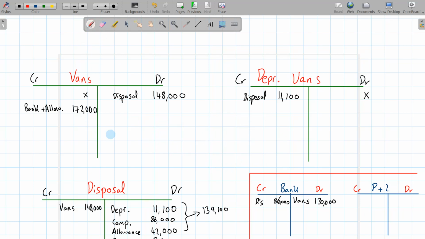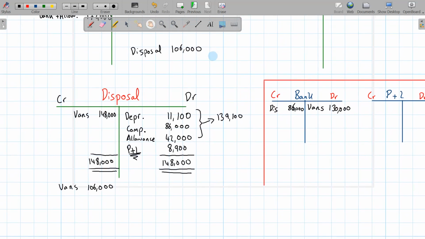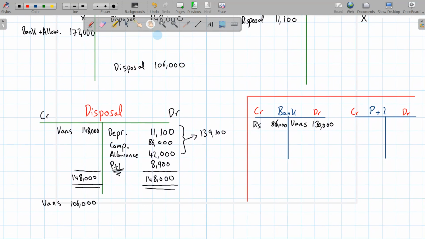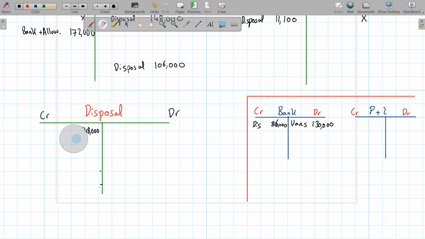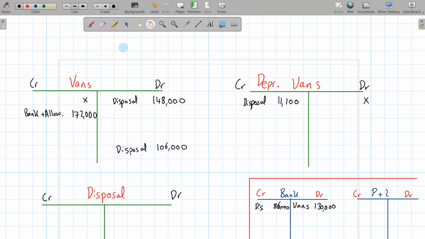Now there's a few things you have to do here. 106,000, okay, that goes to disposal. So we're just thinking about P&L now before anything else. Or sorry, do you know what? I'll actually get rid of all the rest of the stuff so it doesn't get confusing. We're starting blank, just for theory purposes about the double entry.